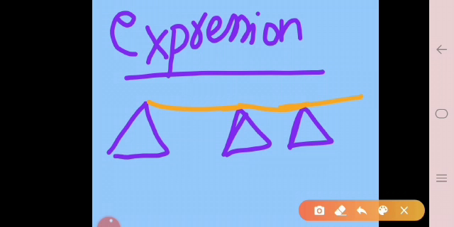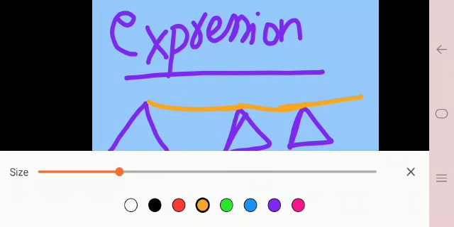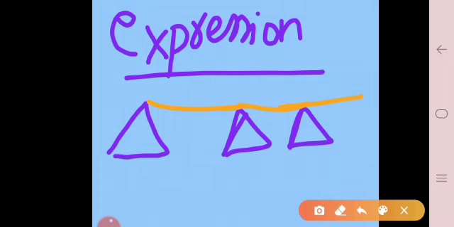This triangle shape is nothing but your terms. I'm going to write it with T. This is your terms, terms, terms. And this orange ribbon is nothing but your operations. What do I mean by the word operations? Operations are nothing but, if you look at the word operation in dictionaries, कोई काम, कोई भी activity.